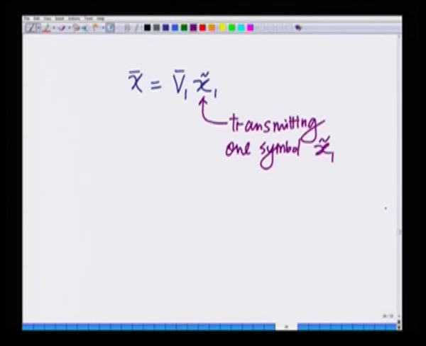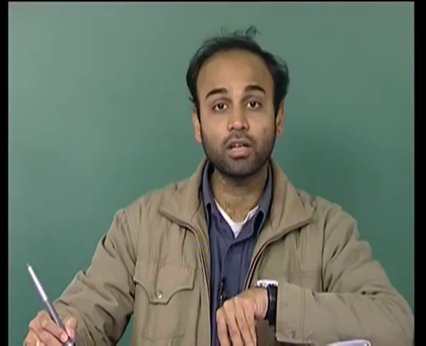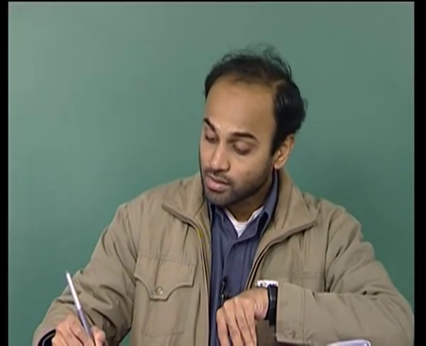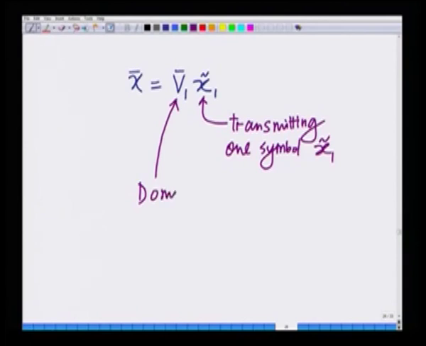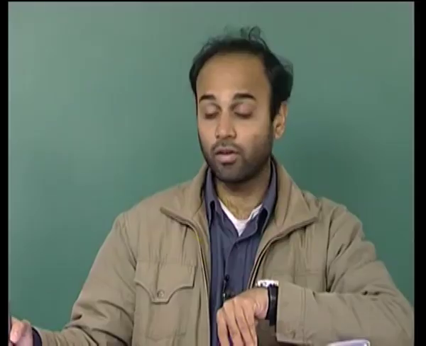In fact, I am selecting the dominant transmission mode. Remember, V1 bar is associated with singular value sigma 1, hence this is the dominant transmission mode of the MIMO channel.